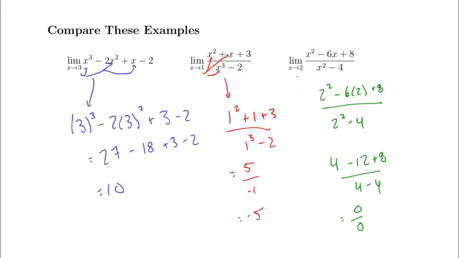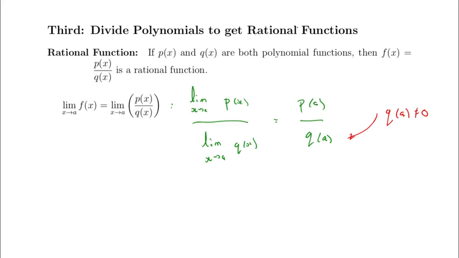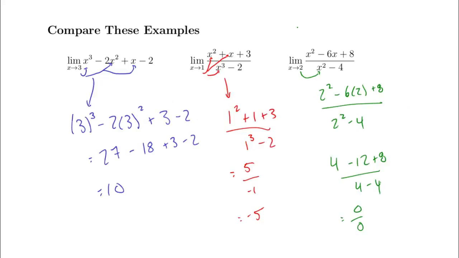Things get weird here because when we evaluate this denominator, we get 0. And remember, we said this only works if you don't divide by 0, right? So sure, we can go ahead and chuck in 2 everywhere, but we get this weird 0 over 0 thing. This is called an indeterminate form. We're going to talk more about this as we go.